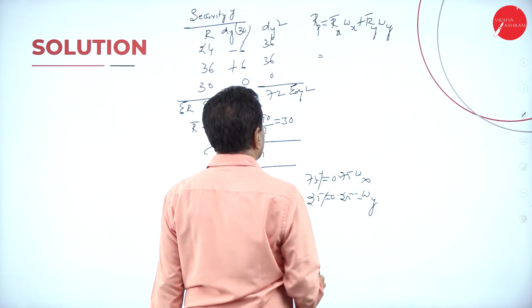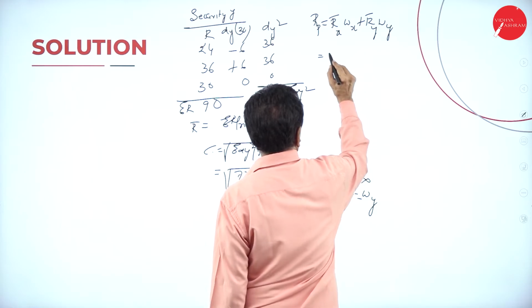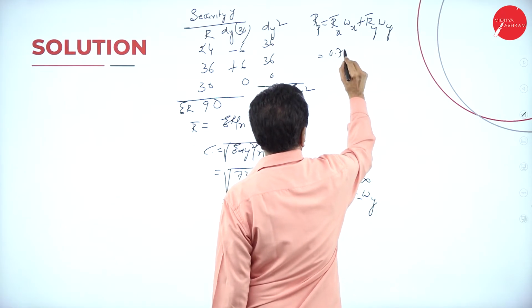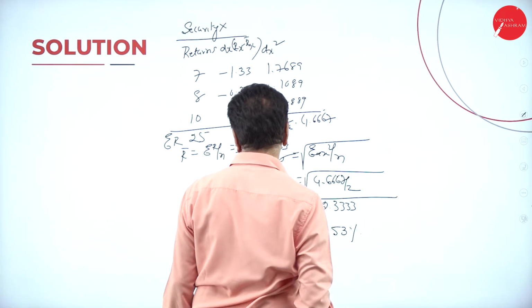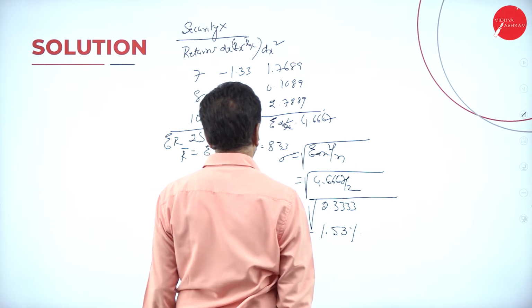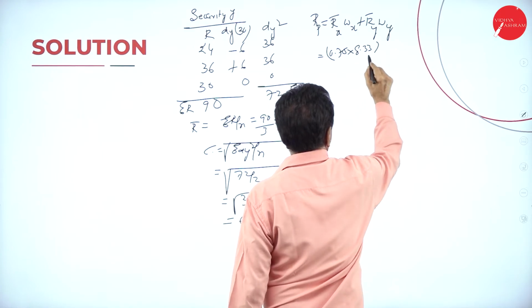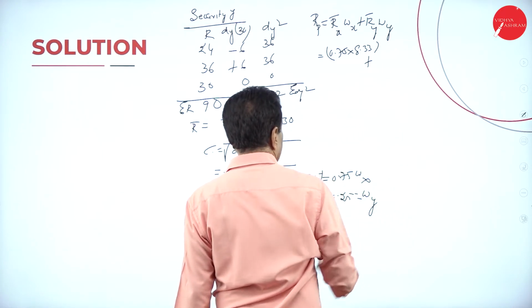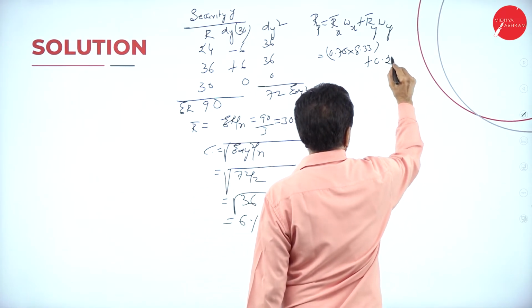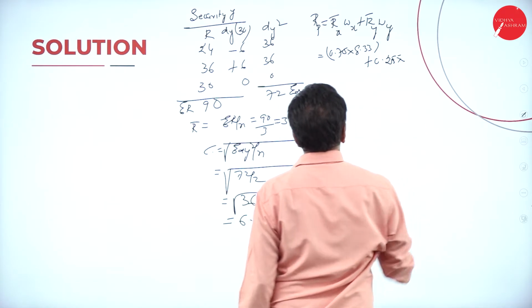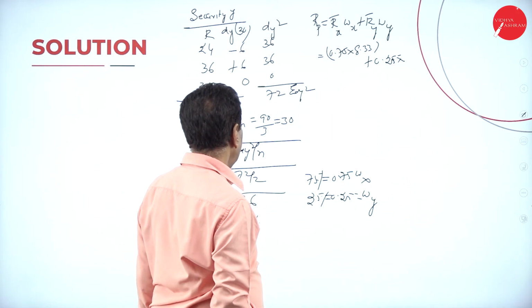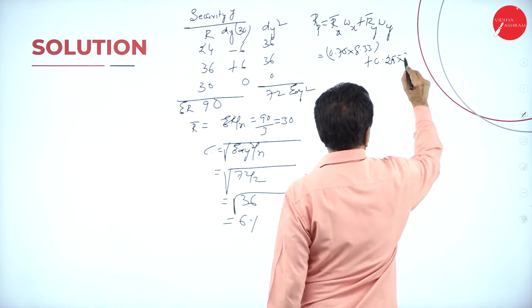Apply. WX is 0.75 into mean of RX, 8.33, plus 0.25 into mean of Y, 30.